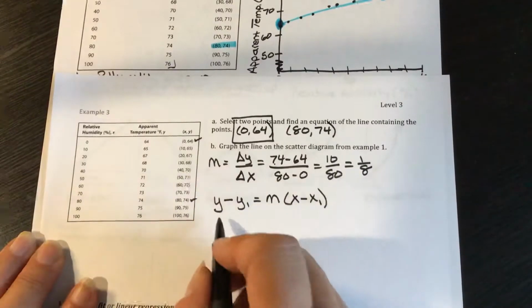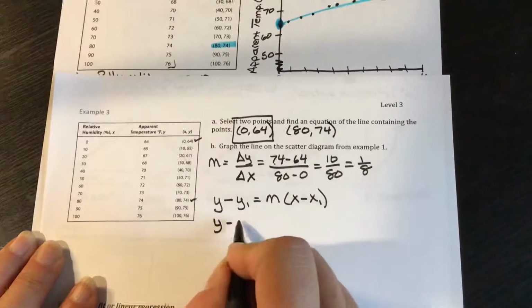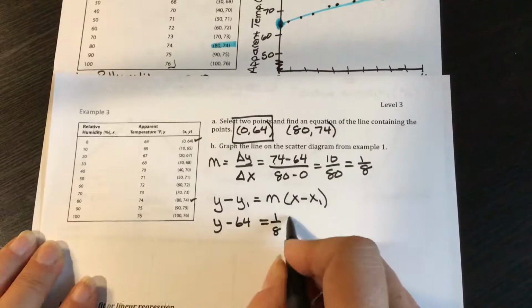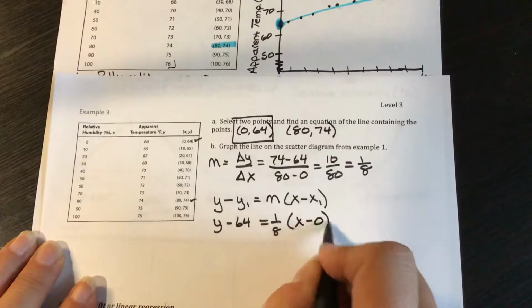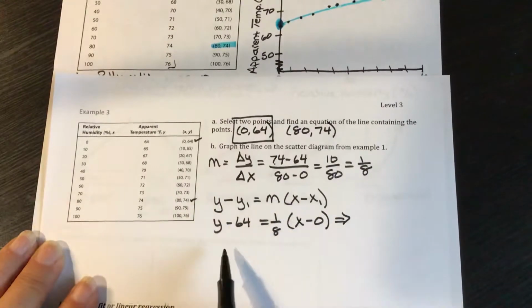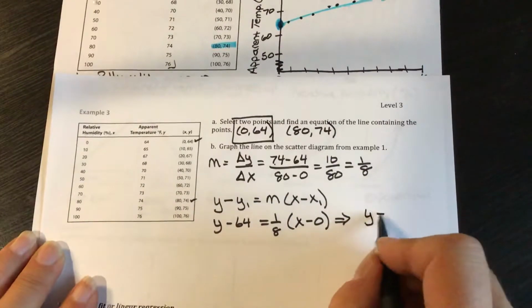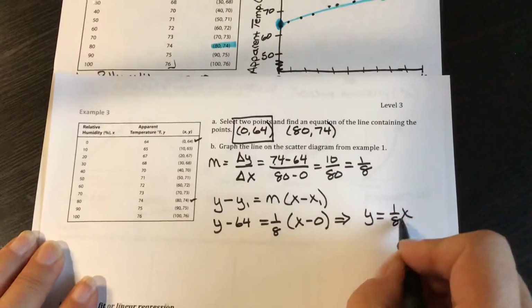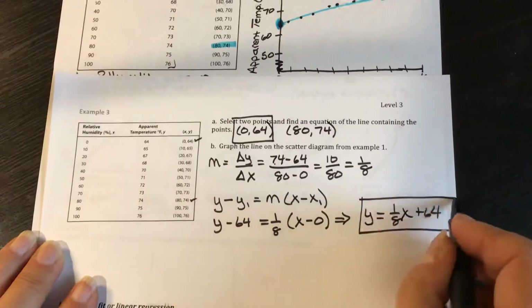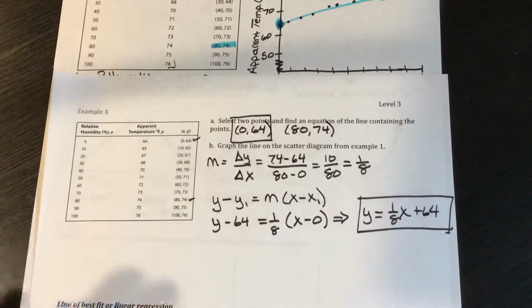So I would have y minus 64 equals 1/8 times x minus 0. And if I solve this for y, I have y equals 1/8 x plus 64. And this would be the equation of the line that's going through that data.